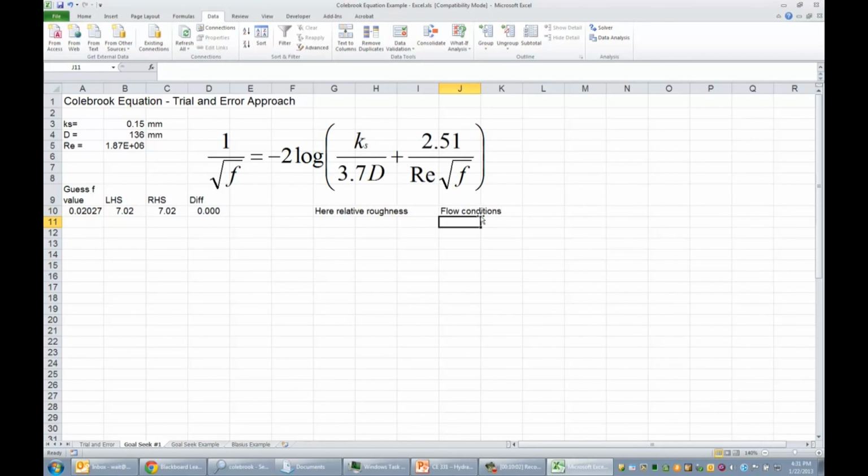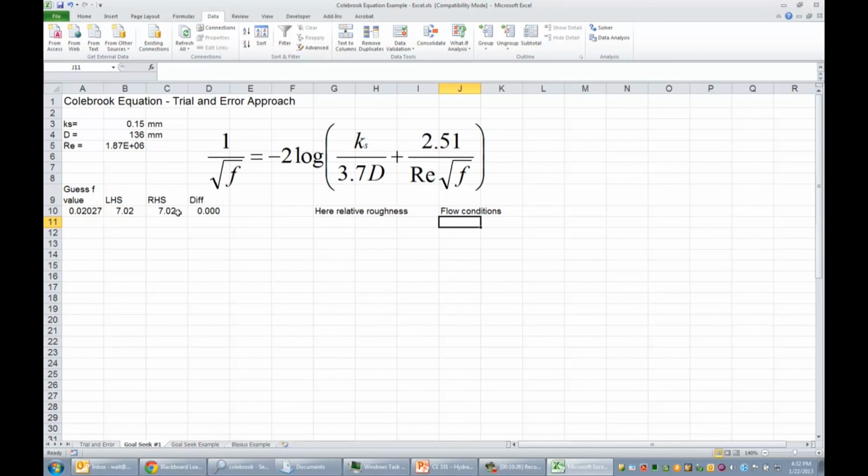And remember where we're talking about fully turbulent flow versus smooth pipes. Well, when you get above a certain Reynolds number, it doesn't really matter much. You know, this term becomes irrelevant. If you look, the Reynolds number is in the denominator. So a really big Reynolds number, and this term isn't going to matter.